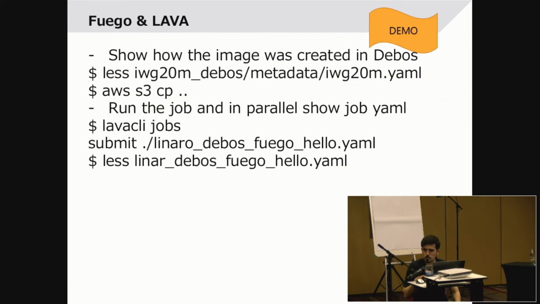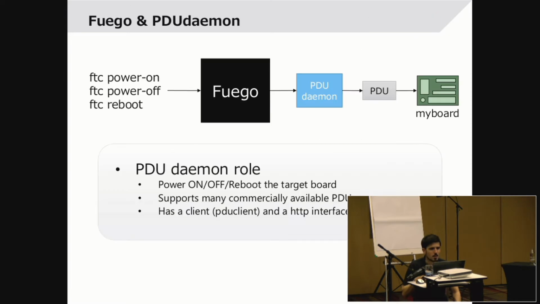Any questions? Okay, the next is I wanted to combine Fuego with PDU daemon so that we could have a method to turn on and off the boards in a more standardized way. PDU daemon is really great because it has a lot of drivers for different PDUs.